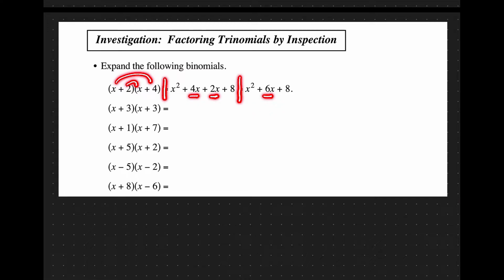The first one right here is two binomials. Then we multiply them out, expand them out using FOIL, and then we just combine all the like terms and simplify it. So notice that the 6x is the sum of those two numbers, with the x at the end of it.